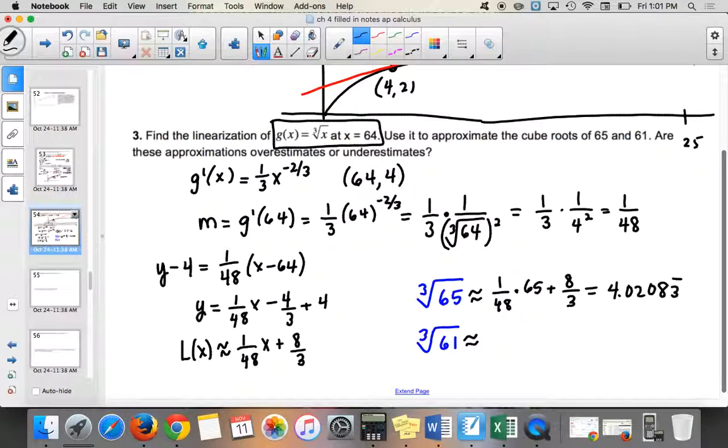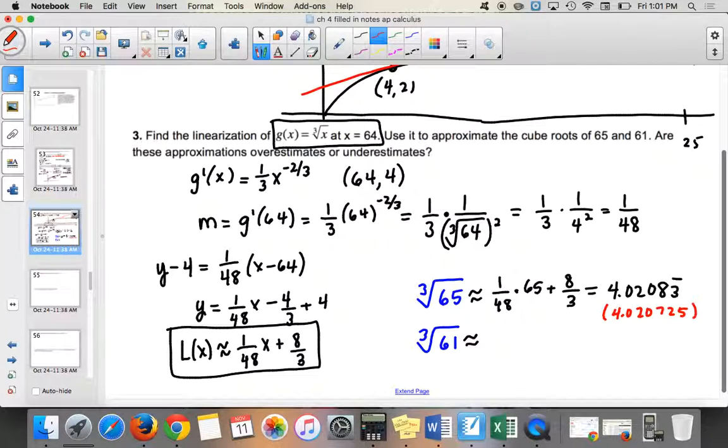We're using the linear approximation. It's not exactly the same, they're just so close. If I try the cube root of 65, the actual answer is 4.020725. That's pretty close, right? To 3 decimals, it's the same. That's pretty good. This is all by hand, right?